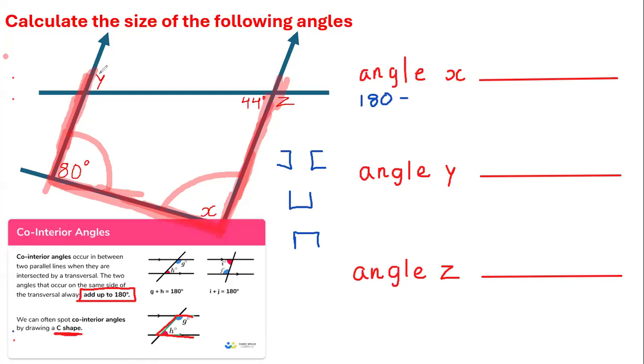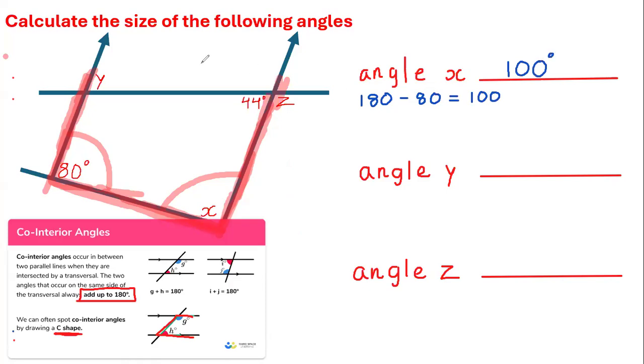And so we're going to say 180 minus 80. Class, what is 180 minus 80? That gives us 100. So the answer for X is 100 degrees.